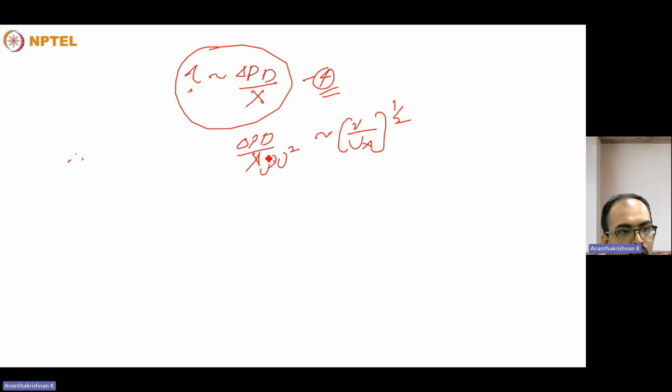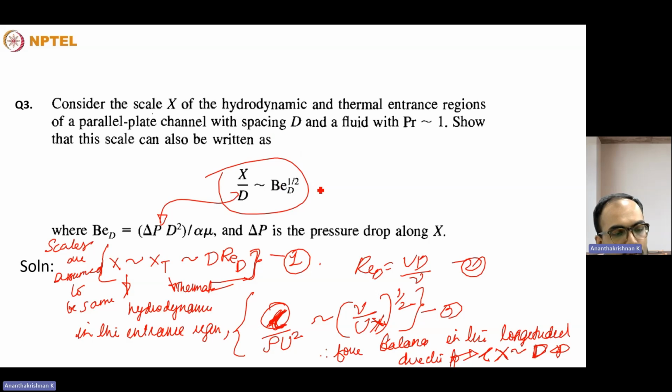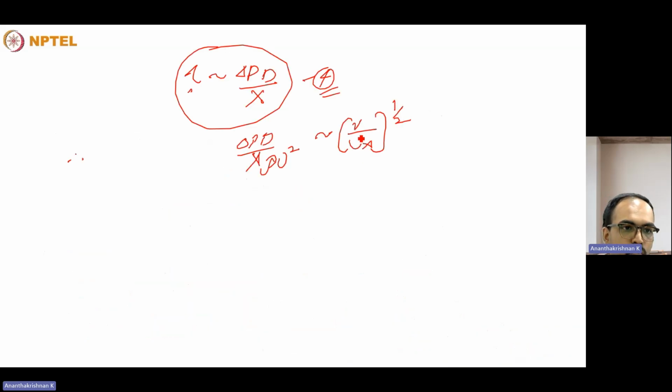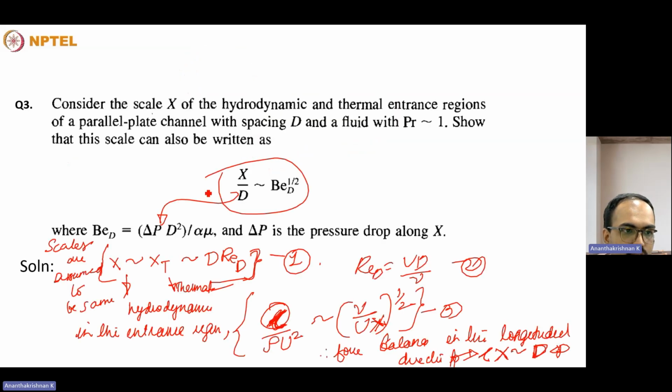If you want to represent x by d in terms of the Bejan number, which is delta P d squared divided by alpha nu, there is one term that we need to remove, that is the u value. If we can remove the u value, everything else is available in this equation.